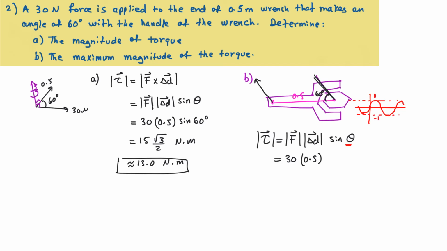So the maximum size is only 1. And to achieve that, we need an angle of 90 degrees. If it is done at 90 degrees, we'll have a value of 1. And that means we multiply everything here by 1 to get a maximum possible torque of 15 Newton meters.